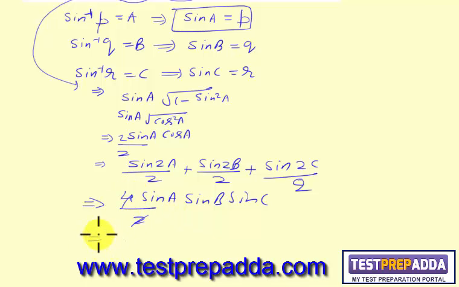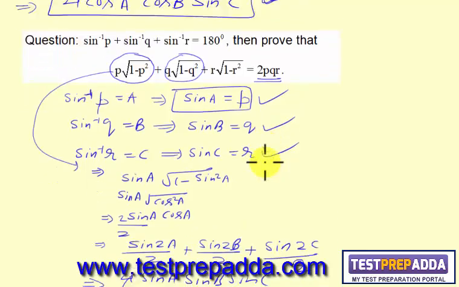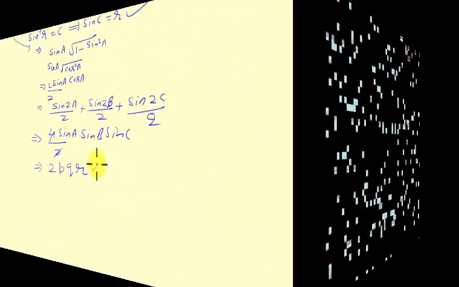So it will be 2 into sine A, I can write as P, sine B I can write as Q, sine C I can write as R. So it becomes 2PQR. Now go and check what is given on the right hand side, 2PQR. Hence proved. Okay.